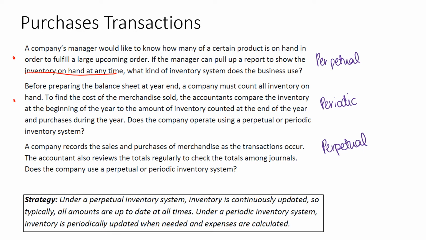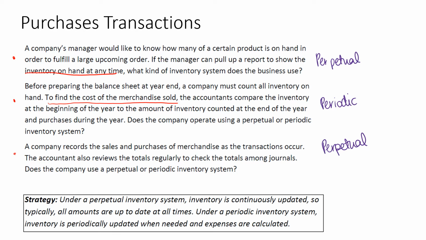This would be periodic because in order to figure out the cost of goods sold, they have to look at the inventory at the beginning of the year, purchases made during the year, and then the inventory left at the end of the year. So that would be a periodic system because they aren't keeping track in real time of how much inventory is on the shelf.